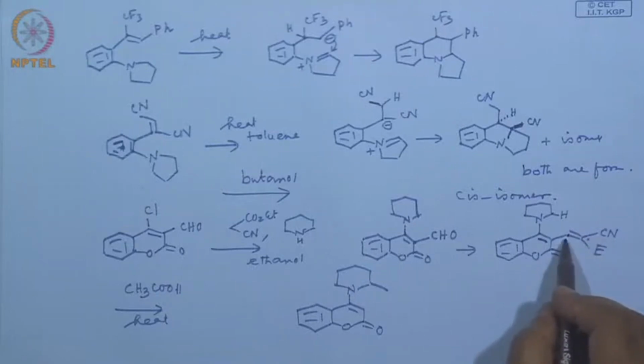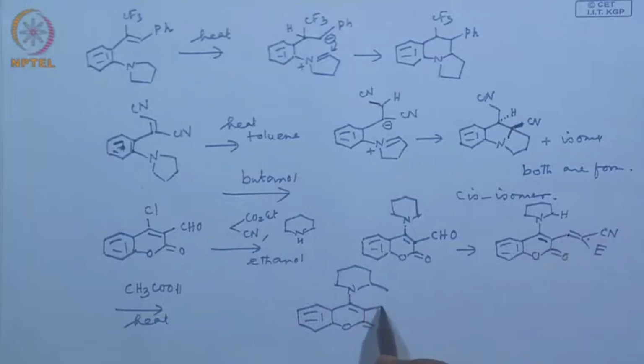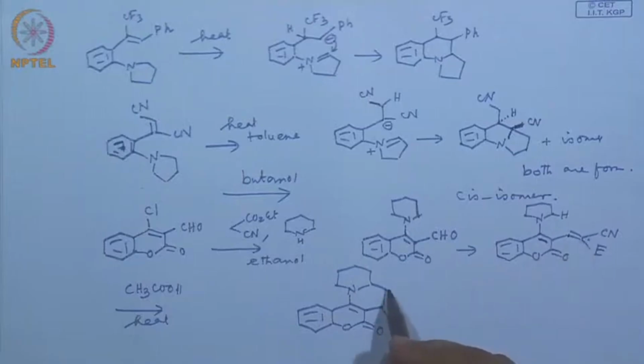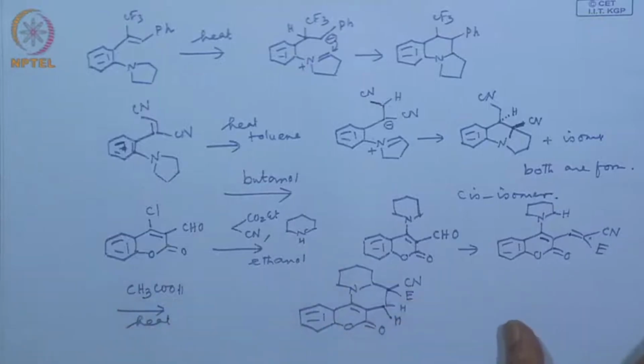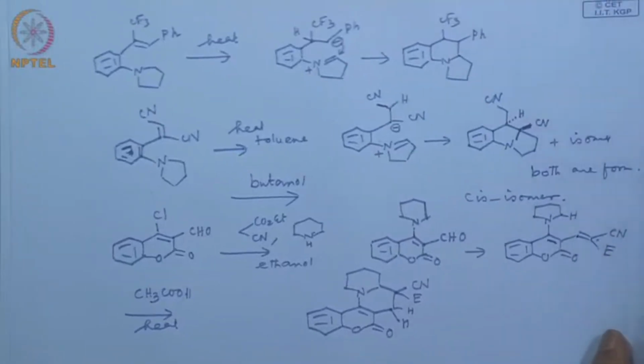So, hydride should be shifted, that means one can write hydride is right here and the carbanion forms there. So, it should be a 6-membered ring with this cyano and this ester. And we had one more hydride.